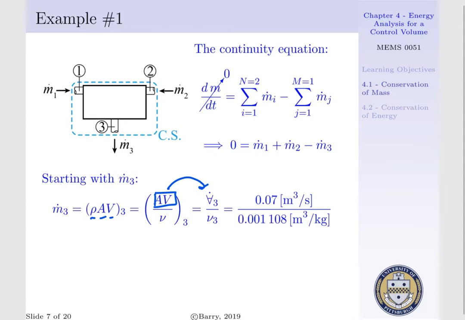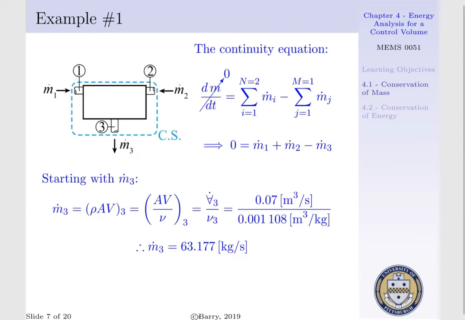Thus, at state 3, we know our specific volume is equal to that of our saturated liquid specific volume taken at 700 kPa, which is 0.001108 cubic meters per kilogram, and we're given a volumetric flow rate of 0.07 meters cubed per second.